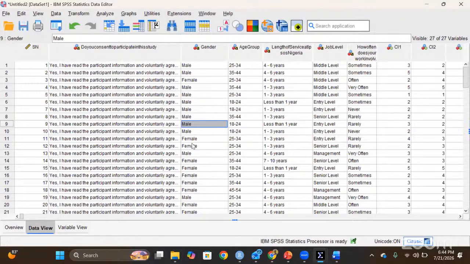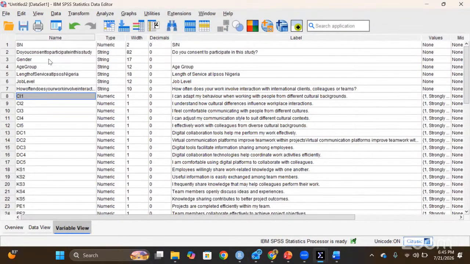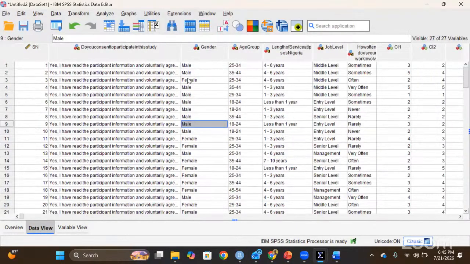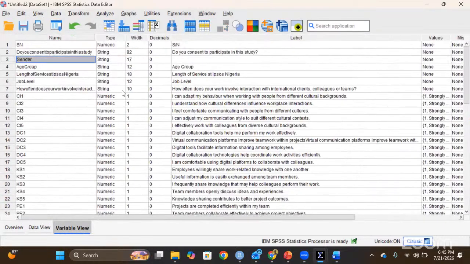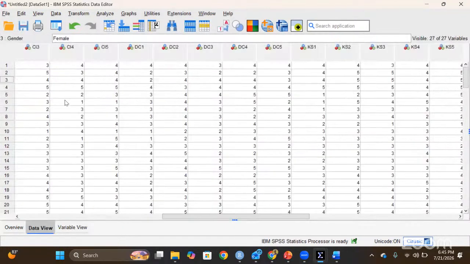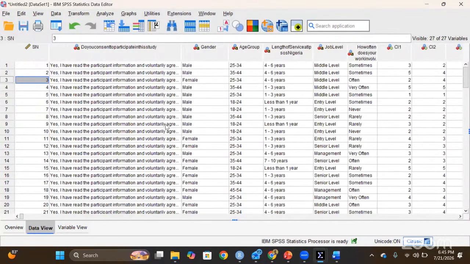If you wanted to code gender in SPSS, what you would have done in Excel was to change male to 1, female to 2, so that when importing your data to the SPSS environment, it would be in 1 and 2. Then you'd be able to code. But because gender was already in label when we imported, it's in string.